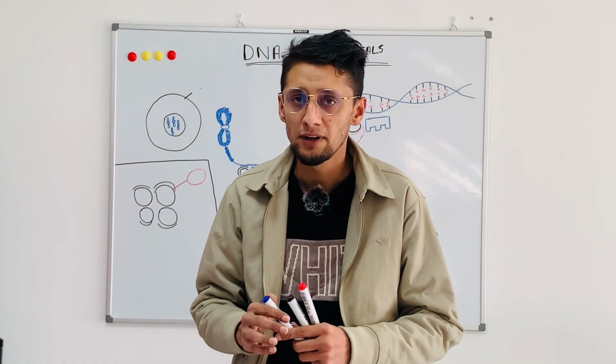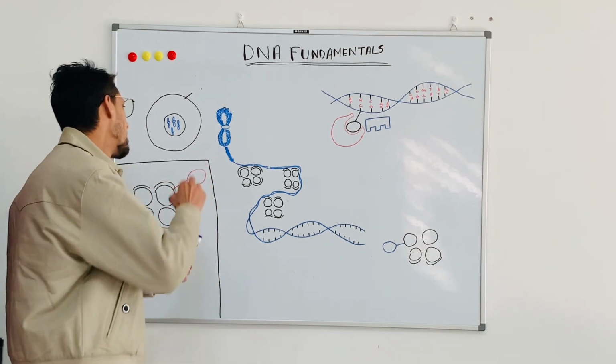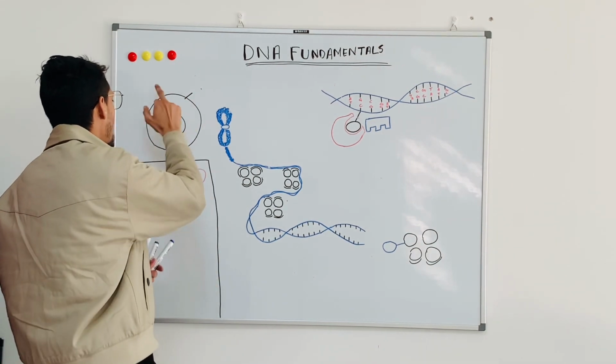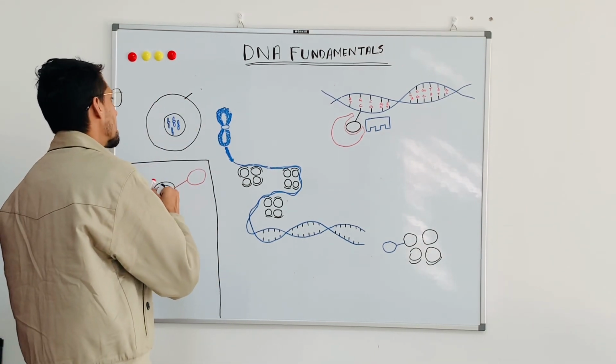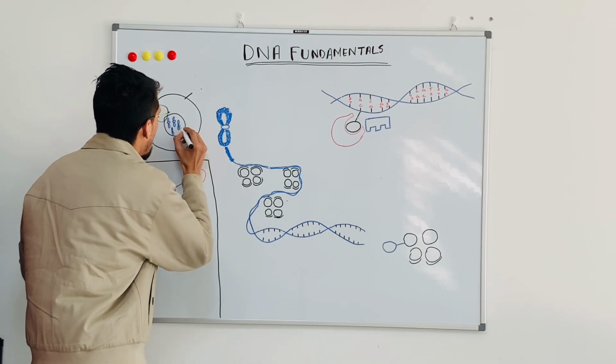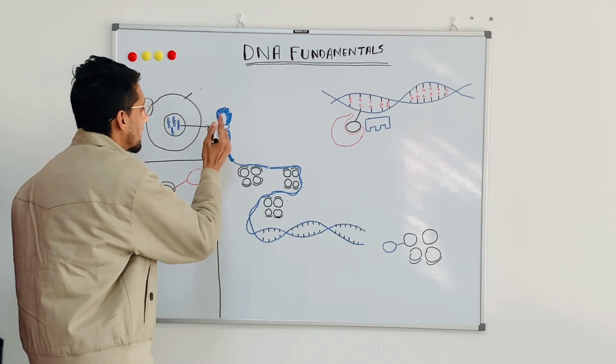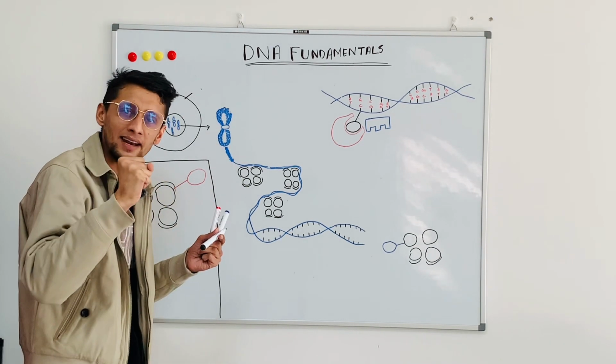Let's talk about DNA fundamentals first, and for that purpose you have to move with me towards the board. You can see that there's a cell, and inside the cell there's a nucleus, and inside the nucleus there are chromosomes. Let me take one of the chromosomes outside, and you can see that this chromosome, like the DNA, is in a highly tightened and compact form.